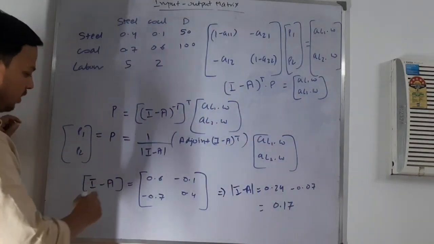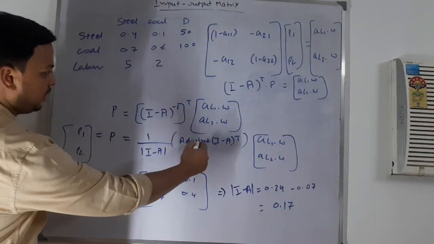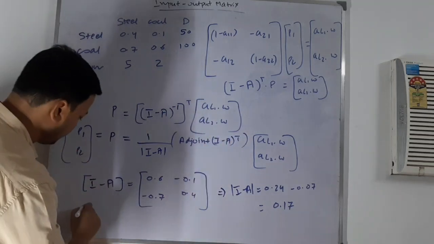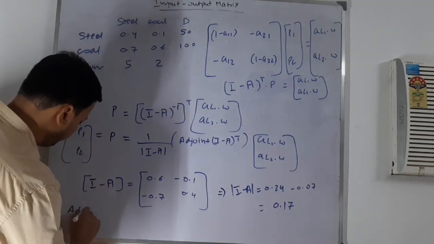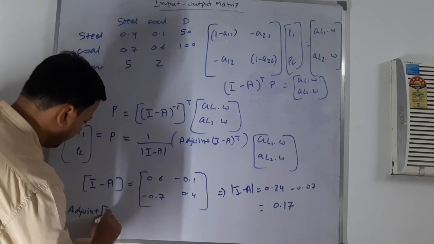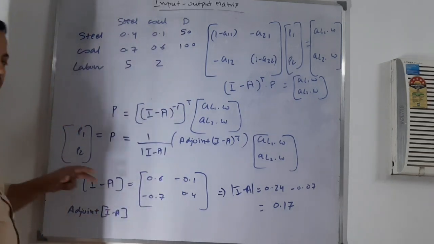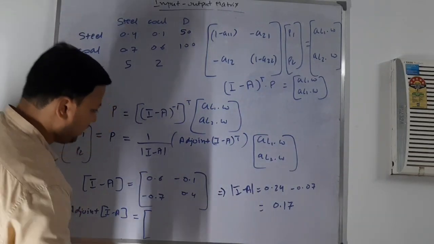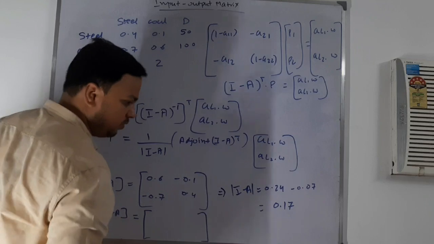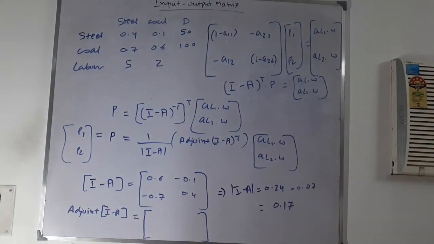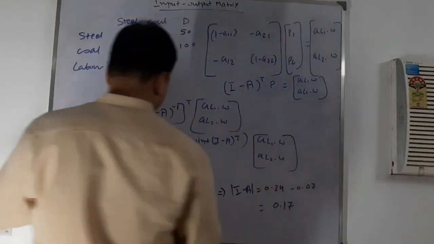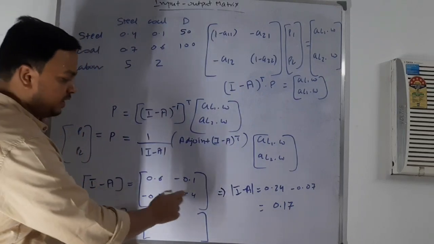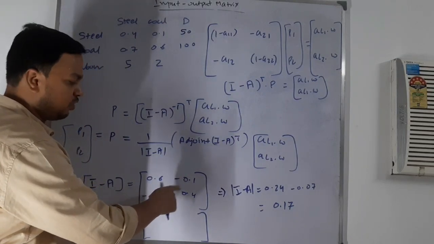I will take out the adjoint of I minus A, and then I will take the transpose. I will tell you how to check this also, so it will be easier for you. The principal diagonal elements will change position, and the reverse diagonal elements will change sign.